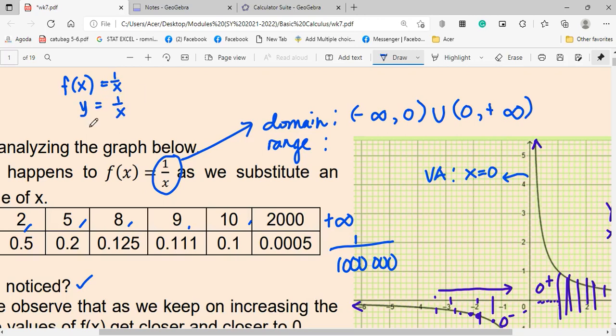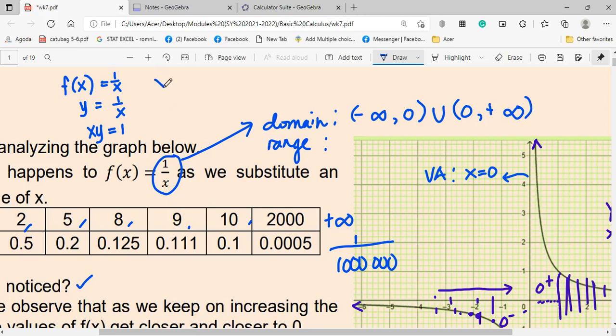Cross multiply. So you have xy is equal to 1. Solve for y in terms of x. When you are solving for y in terms of x, then you are looking into the limitations. Solve for x in terms of y. Just for you to know what value of y will not give a real value x.